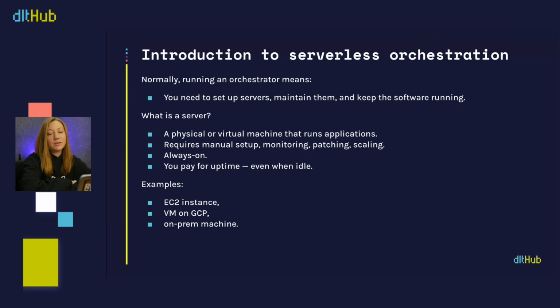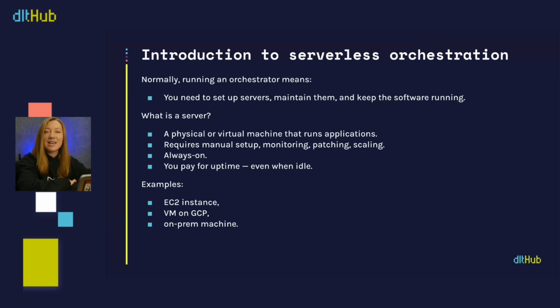Before we dive into orchestration with Modal, let's quickly recall what it normally looks like. Traditionally, if you want to run an orchestrator, you need a server. That could be a physical machine or virtual machine on GCP or an EC2 instance on AWS. What does that mean for you?